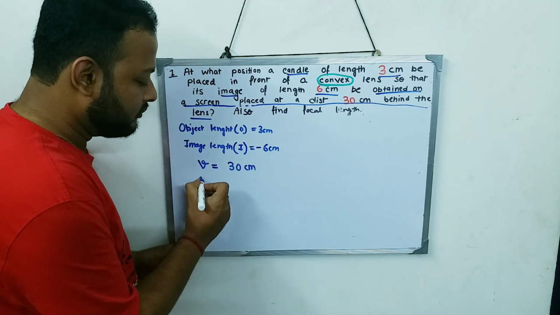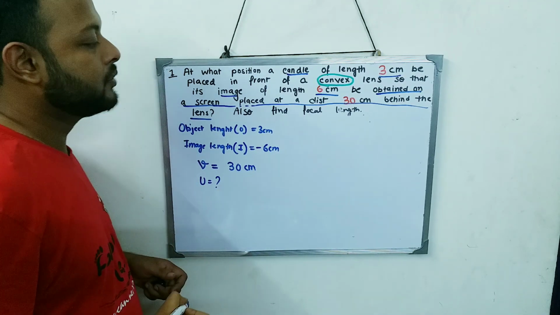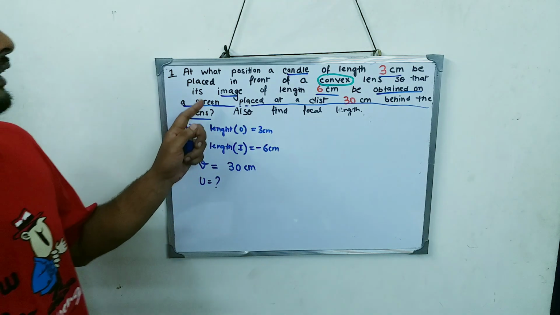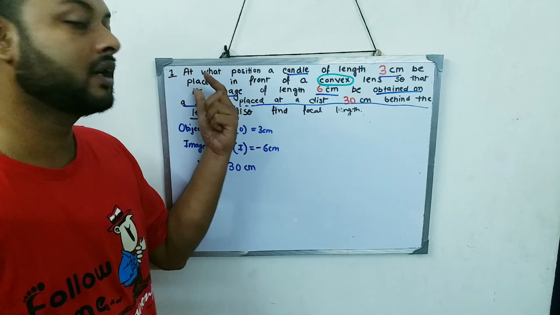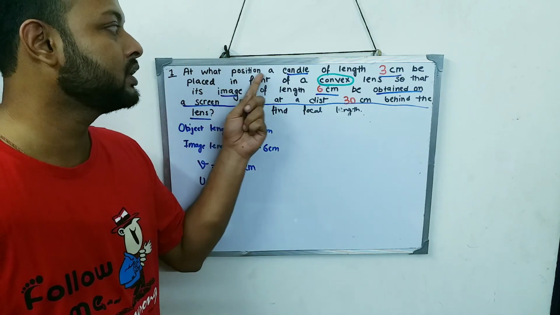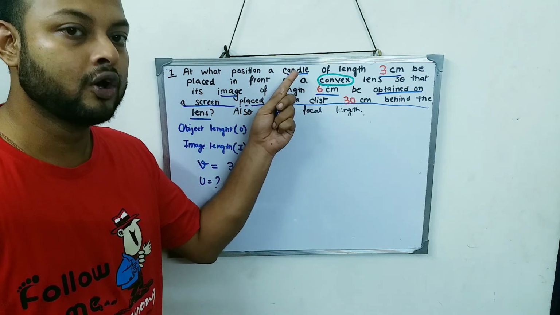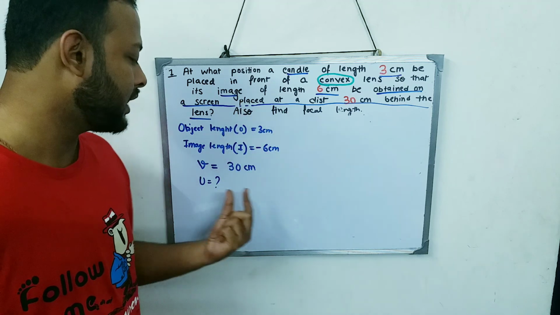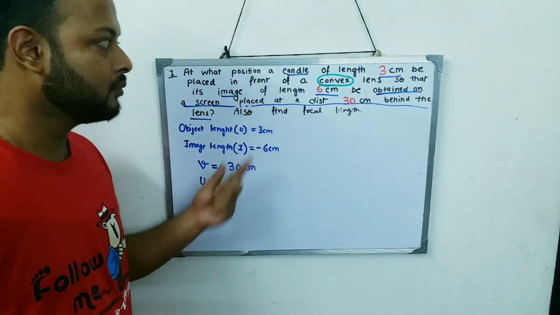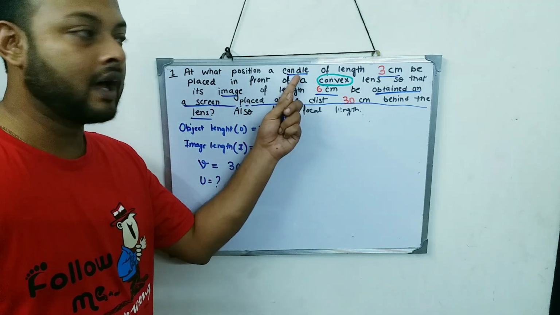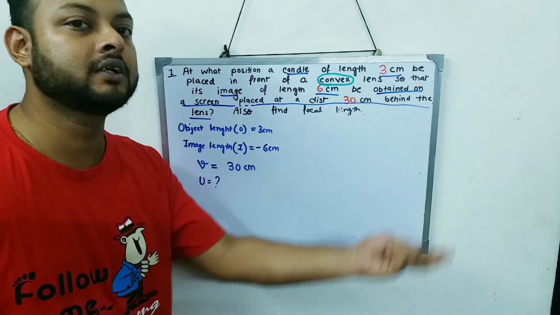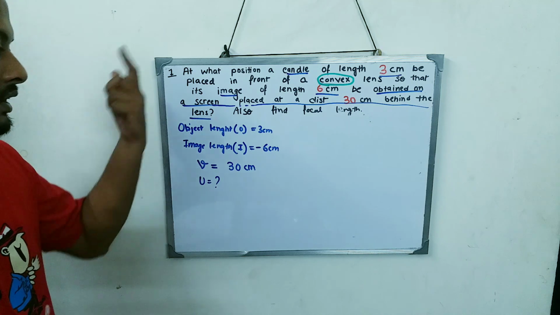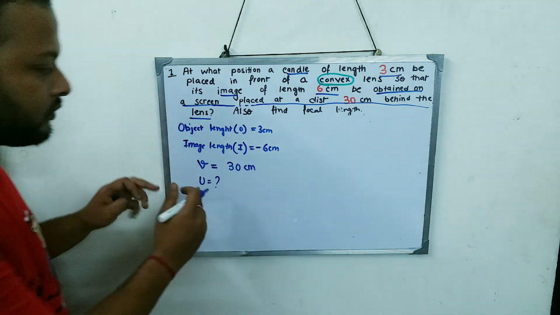Because if you see the question, they have asked at what position the candle of length 3 centimeter is to be placed. So they are asking at what position the candle, meaning the object, needs to be placed. I need to find the object distance, because the candle is the object. So how am I going to find the value of u?